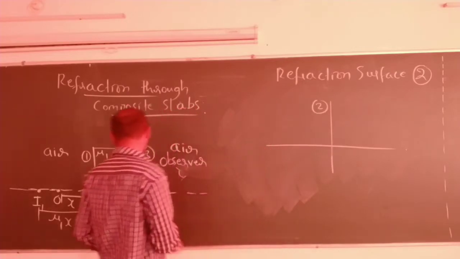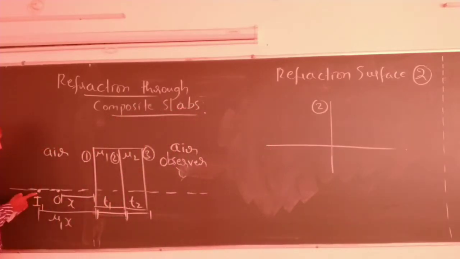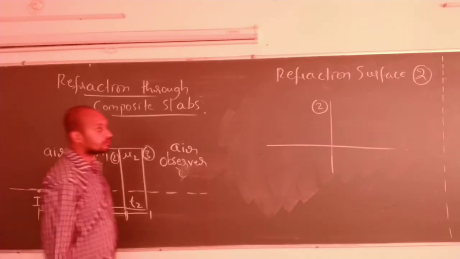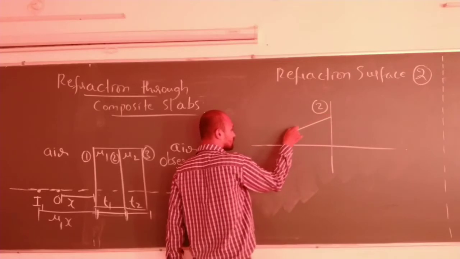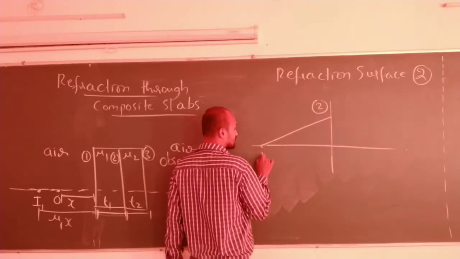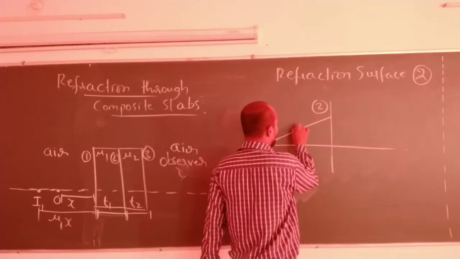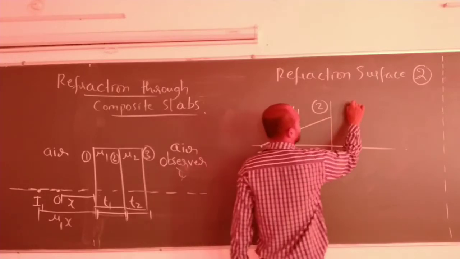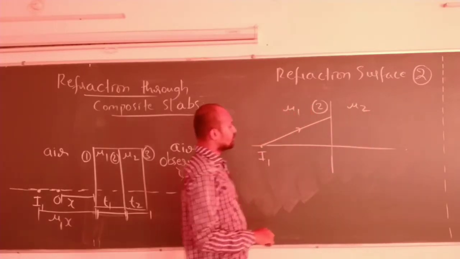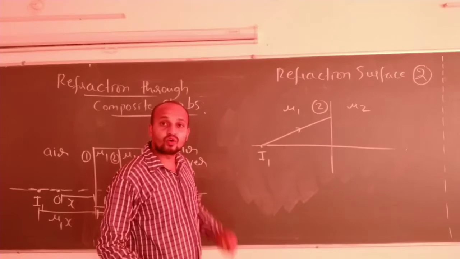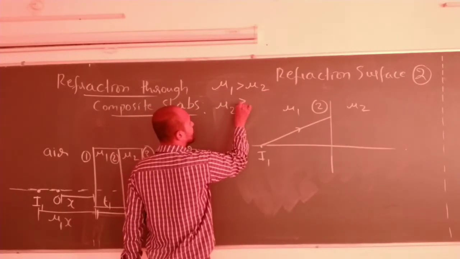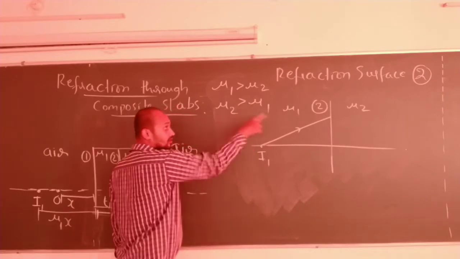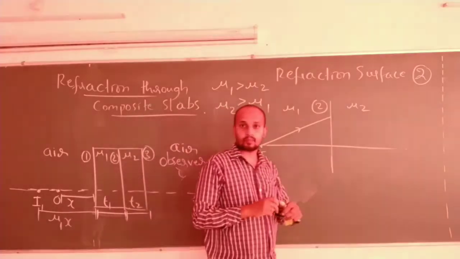Now for the second surface, who will be the object? I1 will be the object. Yes or no? Let us take this is I1. This is medium mu1. This is medium mu2. Here you will have two possibilities. One, mu2 is greater than mu1. We don't know which possibility.